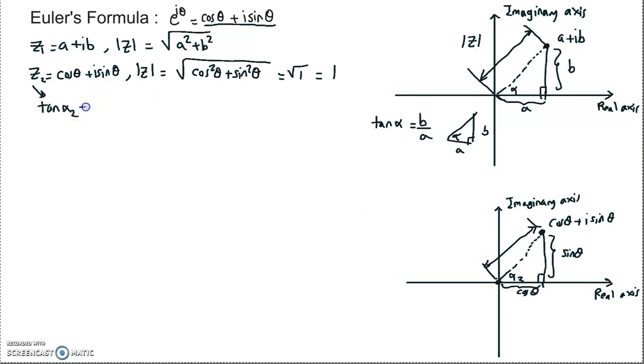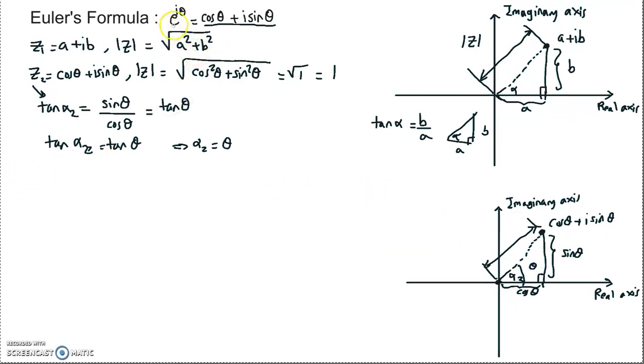So tan alpha 2 equals sine theta, that's this side here of the triangle, divided by cosine theta. So that equals tan theta. So tan alpha 2 equals tan theta, which means that alpha 2 equals theta, which means this angle here equals theta.